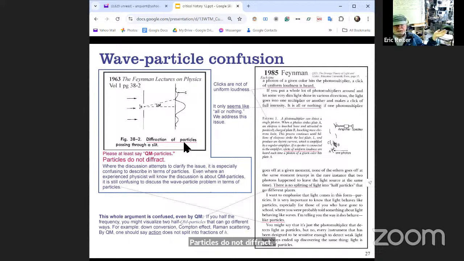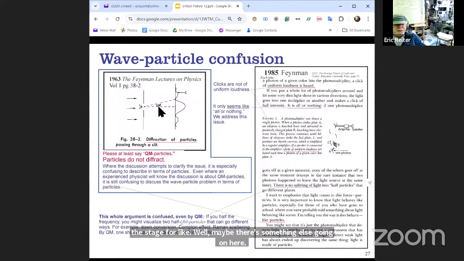If you're going to teach this, please at least call it a quantum mechanical particle. So even in the context of where we've been exposed to this idea, it's best to say quantum particles instead of just particles. So we can set the stage for maybe there's something else going on here, that it's not particles going through guided by a probability wave, which is a ghost wave. And what is that?